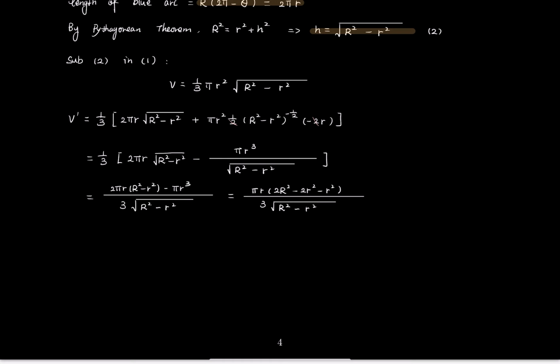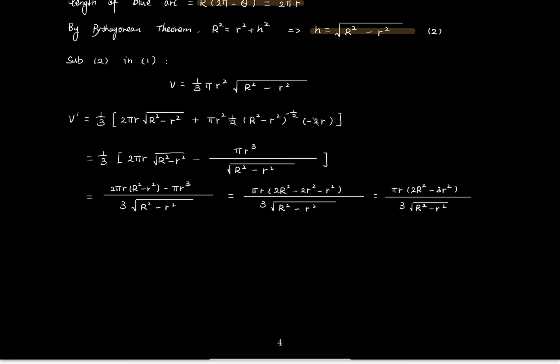Okay, so we're almost done. Pi r times 2 R squared minus 3 small r squared over 3 root R squared minus r squared.